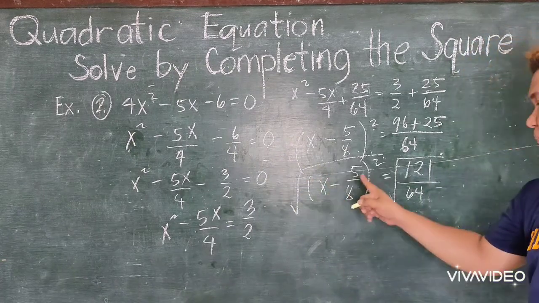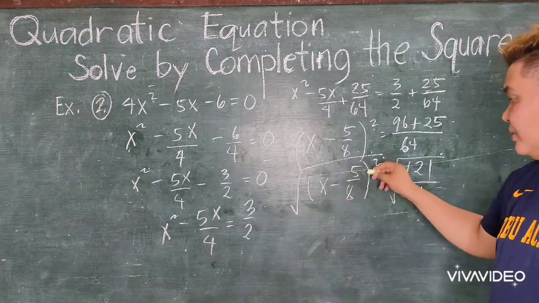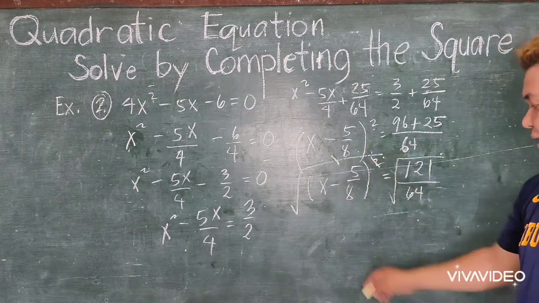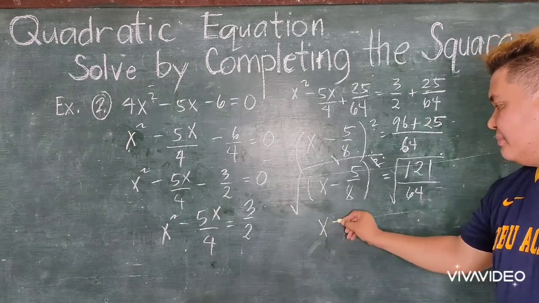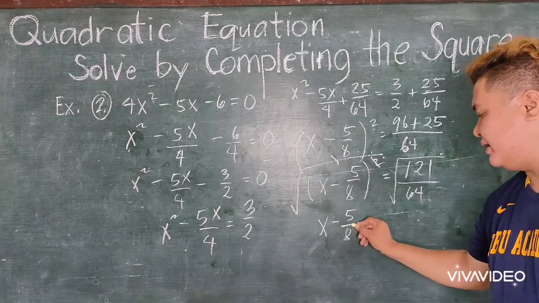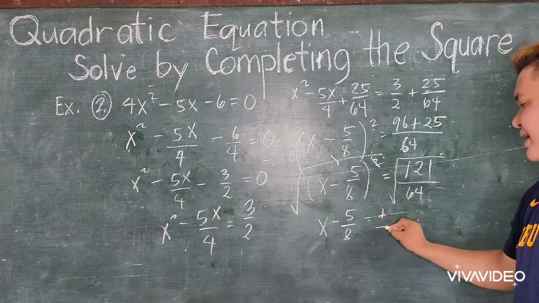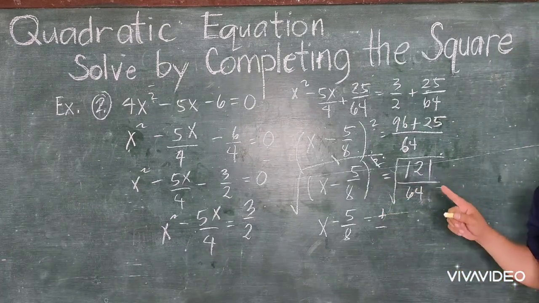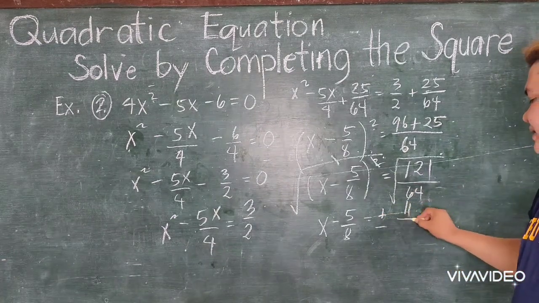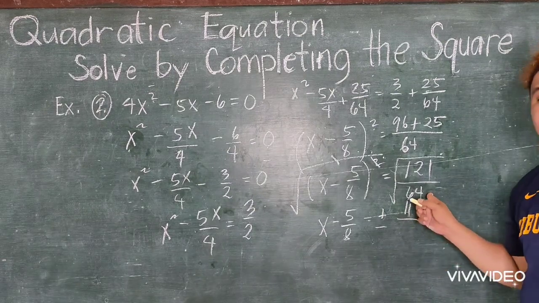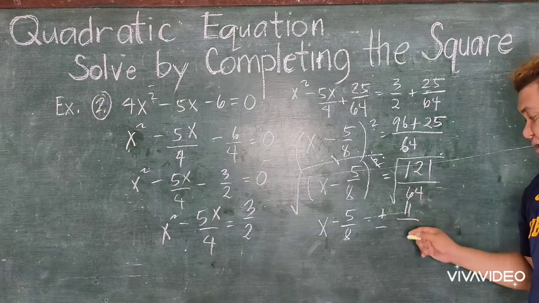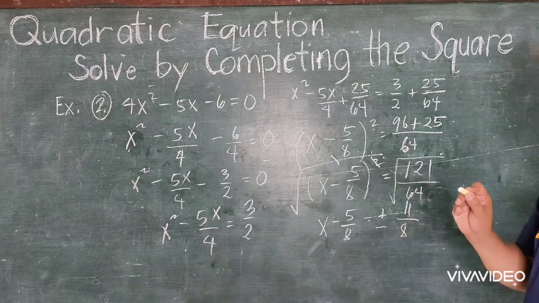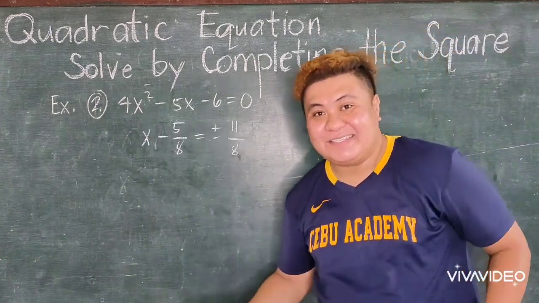Since squaring and square root cancel, we can write it as x minus 5 over 8 equals positive or negative the square root of 121, which is 11, over the square root of 64, which is 8. And now, let us continue.